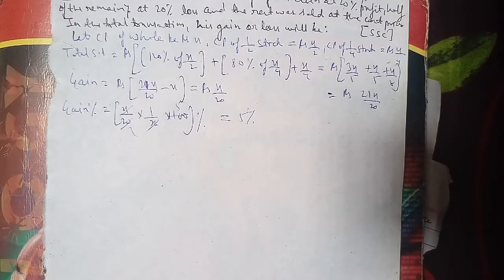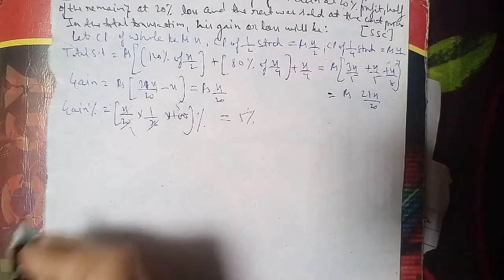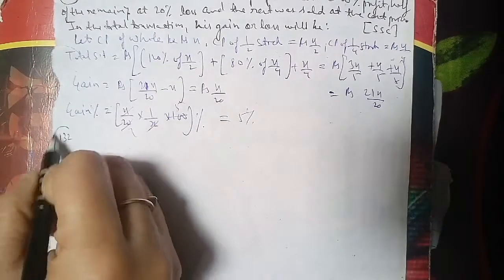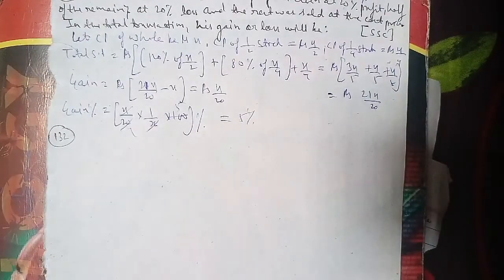That is another question here, and it is the 132nd question of the session. The question we have here is: a person purchases 90 clocks and sells 40 clocks at a gain of 10% and 50 clocks at a gain of 20%.